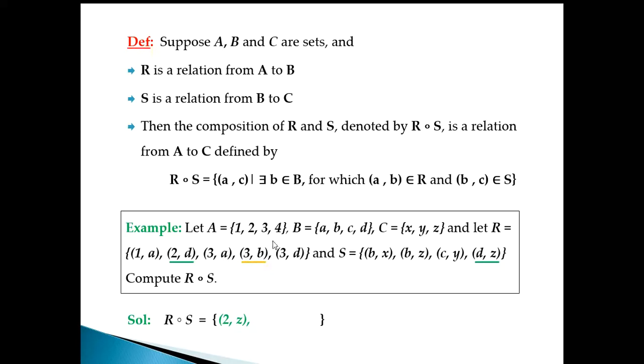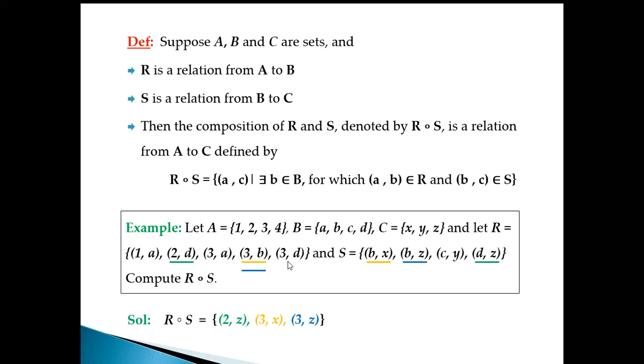We see that b is related to x: 3 is related to b and b is related to x, so 3 is related to x. Again, 3 is related to b and b is also related to z, so we have to consider this also. So now 3 is related to z.